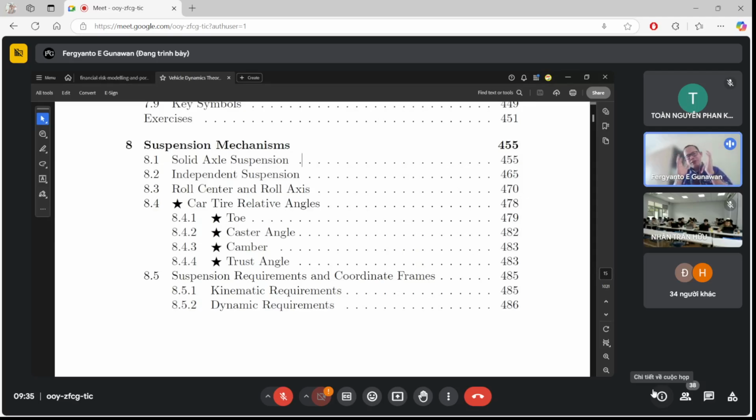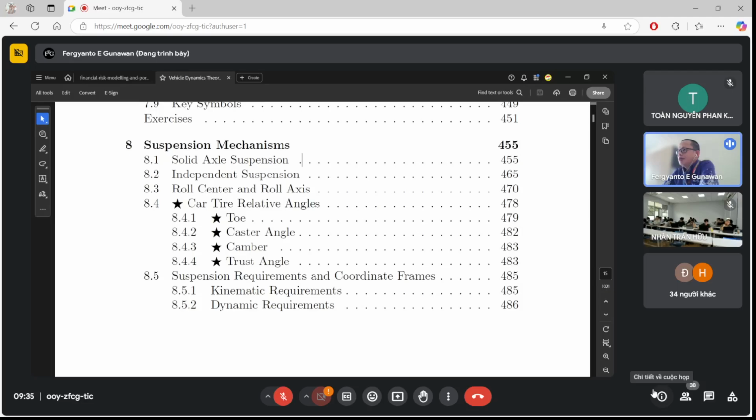And we must understand what the purpose of a suspension is, and what the optimum design of the suspension is. That will be the subject of discussions today.